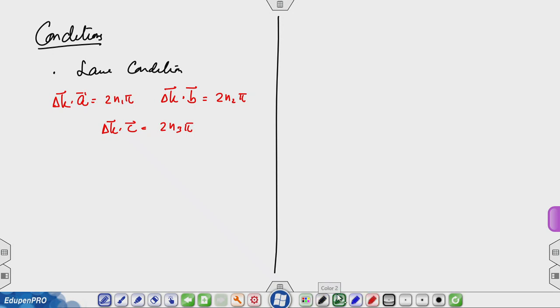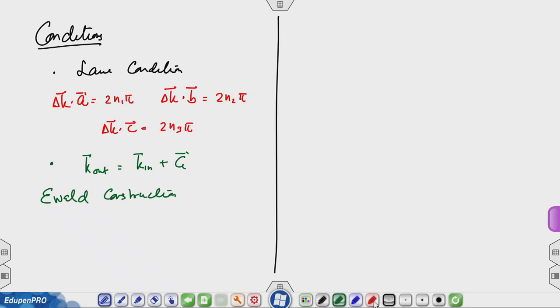The other one we got is that k out is going to be equal to k in plus G. And for this, we go to something called the Ewald construction.